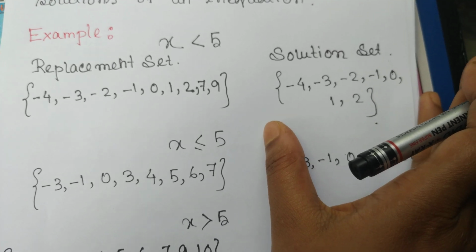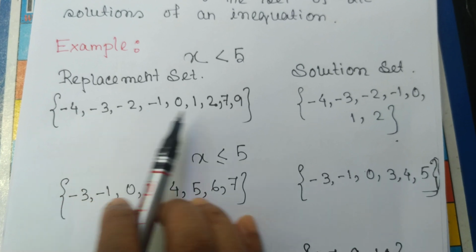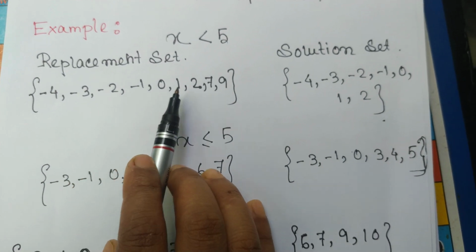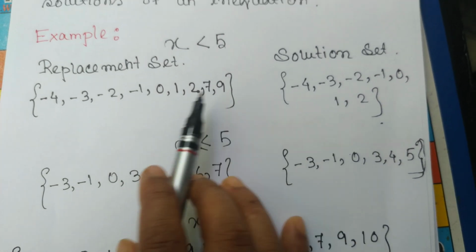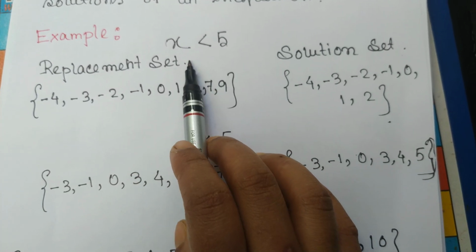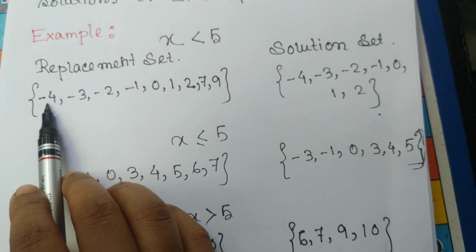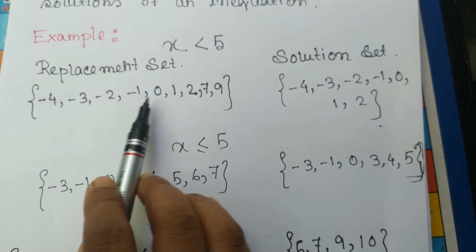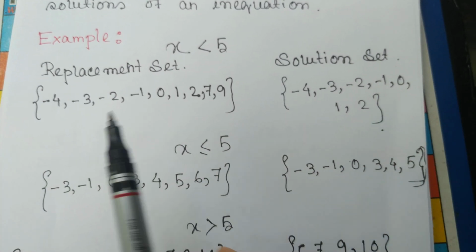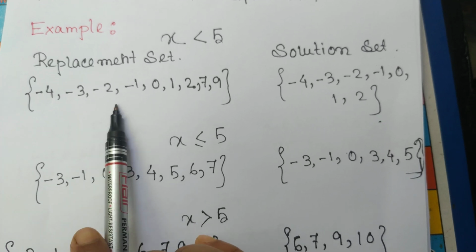So what is the replacement set I have given here? -4, -3, -2, -1, 0, 1, 2, 7, 9. This is the replacement set from where I will find the values of x. Now what will be my solution set? I will find such numbers from here which are less than 5. That will be my solution set. So what are the lesser numbers? -4, -3, -2, -1, 0, 1 and 2.